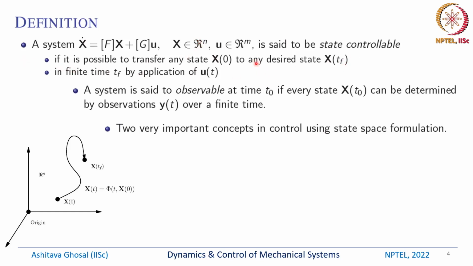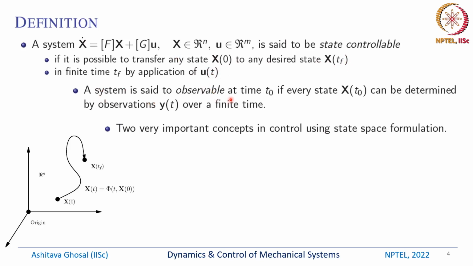How can we do that? We want to transfer from x of 0 to x of tf by application of u of t. So u of t is the input, x of 0 is some initial state, x of tf is some final state, and I want to go from x of 0 to x of tf in finite time tf by applying u of t.